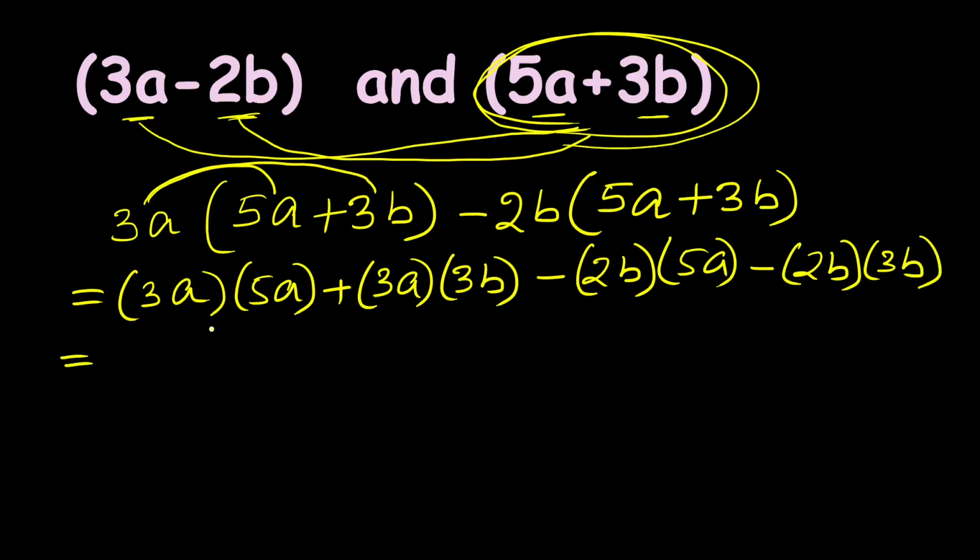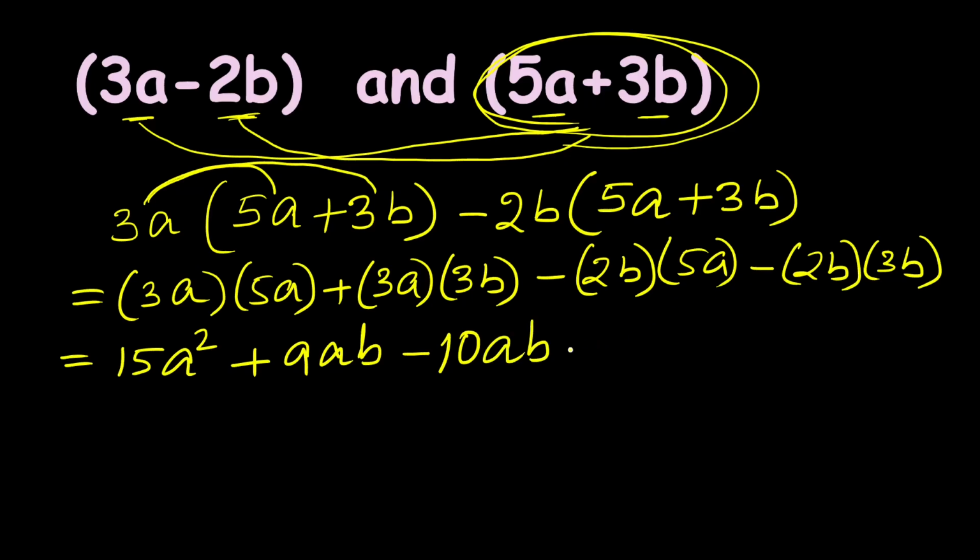Now we are getting all, each term is monomial by monomial. Now we have to multiply 3 into 5, 15, a into a, a square. Here plus 3 into 3, 9, a into b, ab. Here minus 2 into 5, 10, b into a, ba we have to write ab, minus 2 into 3, 6, b into b, b square.